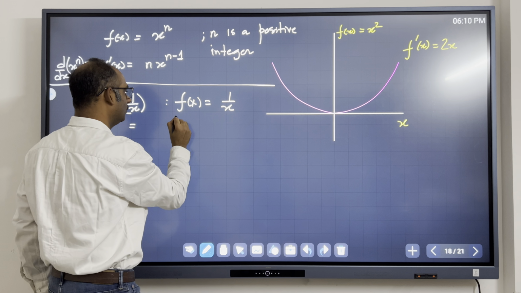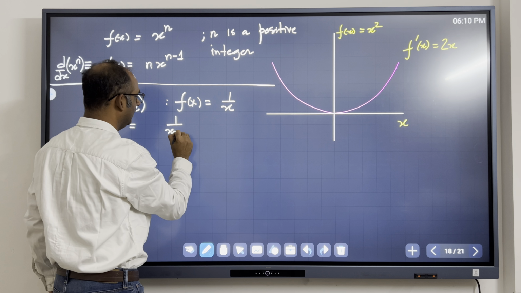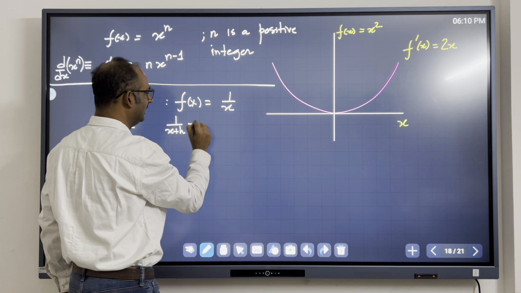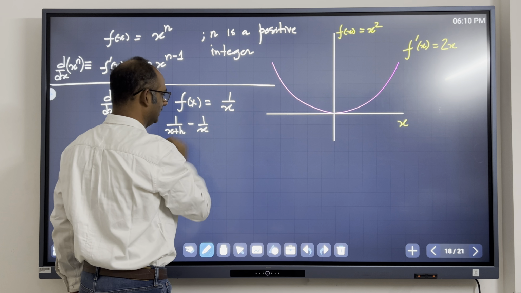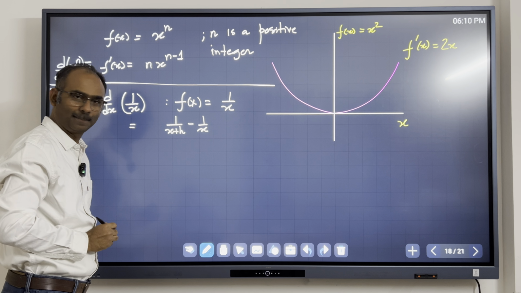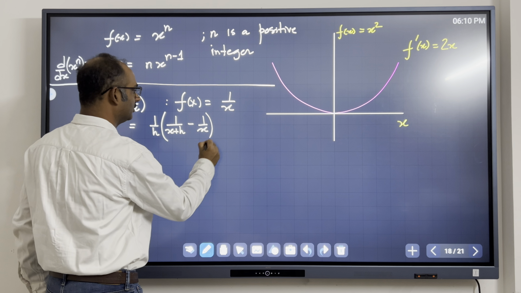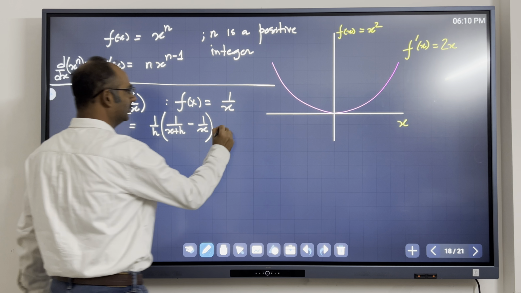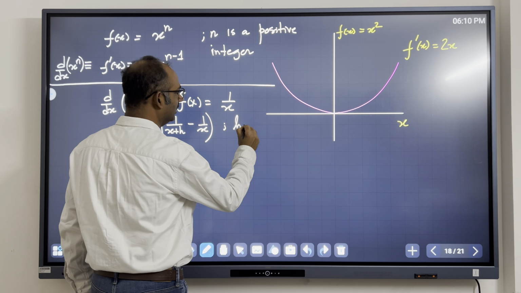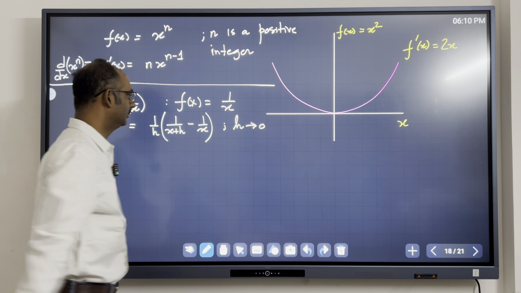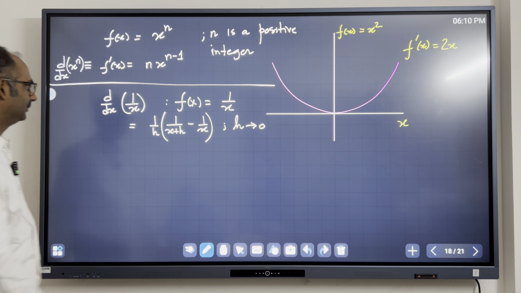So I get 1 over x plus h minus f of x, divided by h. Instead of dividing by h, I multiply by 1 over h, and then take the limit h going to 0. This is what we should evaluate.